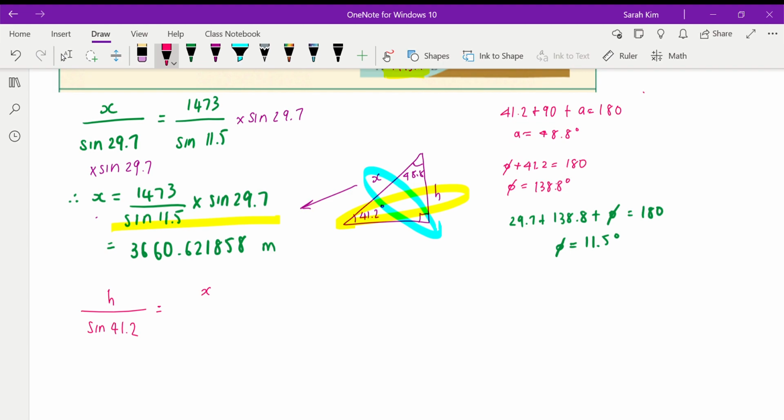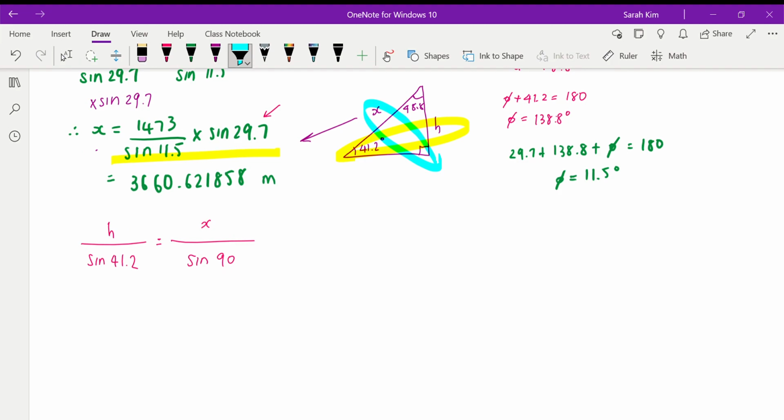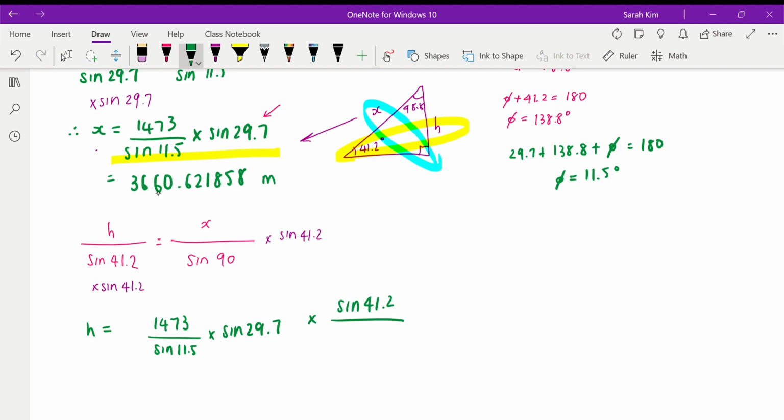Sorry about that. Leave it as x, and then I'll just write the exact answer in the calculator because I can't be bothered writing it out. And then my angle is 90 degrees. Alright, then I'm going to get rid of the sine 41.2. So therefore my h is going to be, I'll write my full x, the exact version, so I can put it in the calculator, and then I will write the rest of it over here.